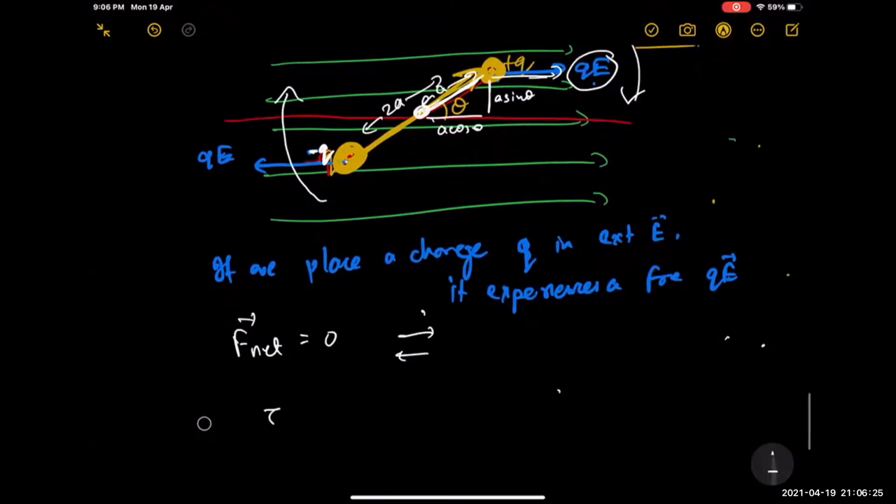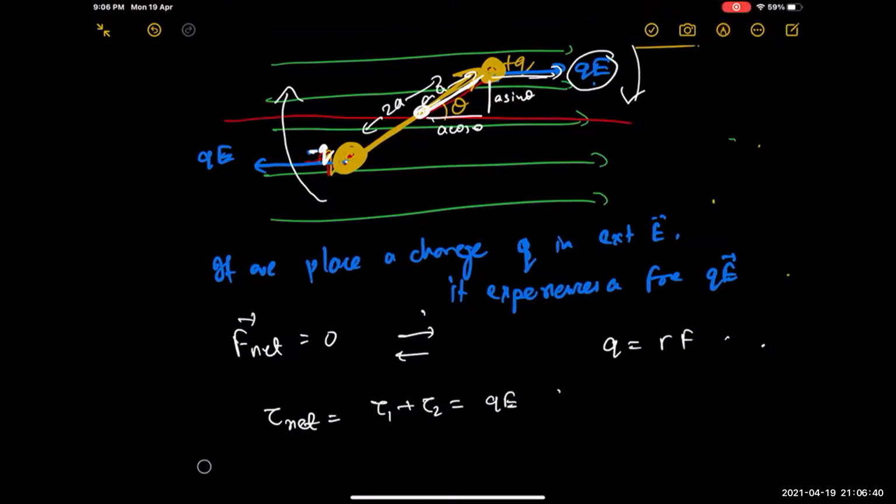So the net torque is equal to tau 1 plus tau 2. What is torque? It is r F, the perpendicular distance into force.